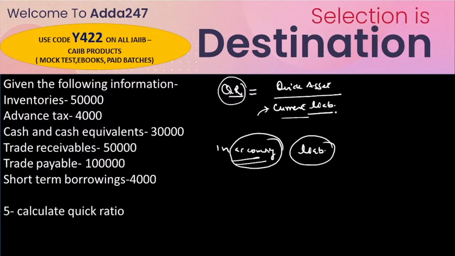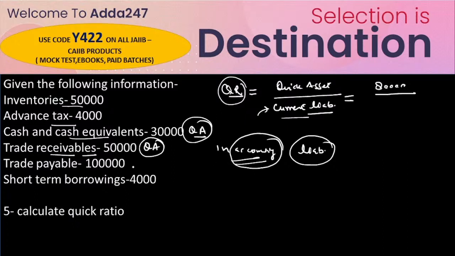Okay, so if we have to find out the quick assets, we know that inventories or stocks are not part of the quick asset, advance tax is not part of the quick asset, while cash is part of the quick asset, that means highly liquid. Account receivables are part of the quick asset. So just sum up these two, and that would be 80,000.